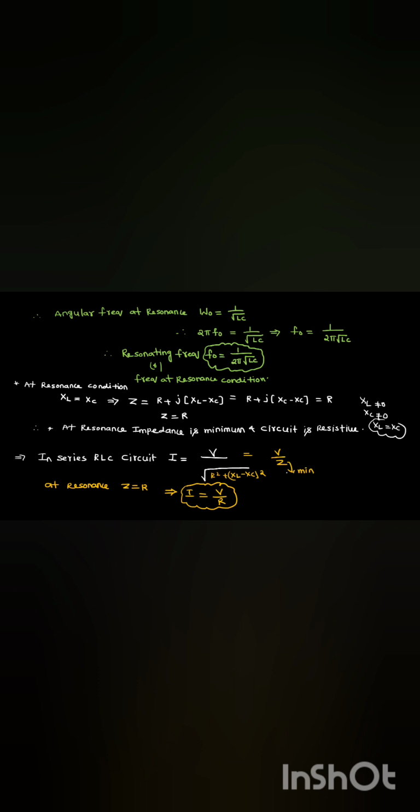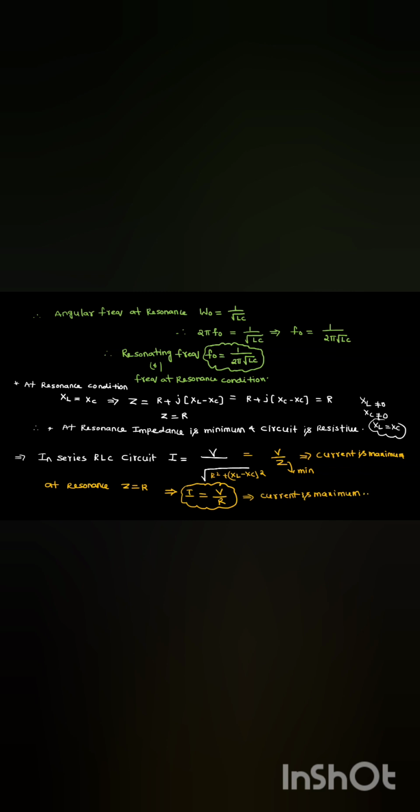If Z is minimum, then current is maximum. Impedance is minimum means current is maximum.